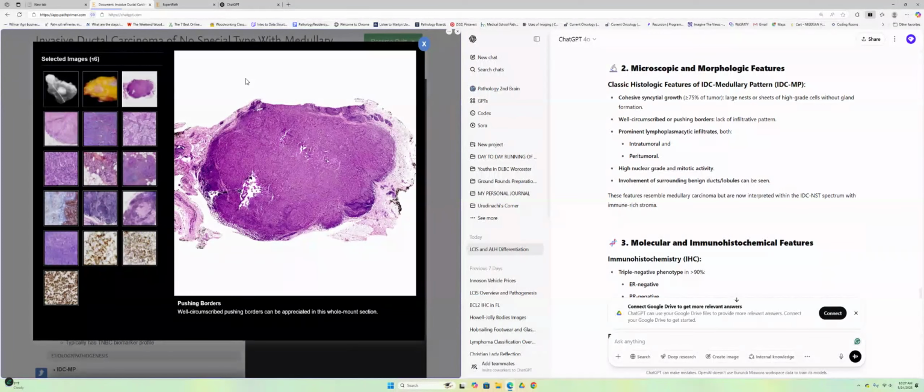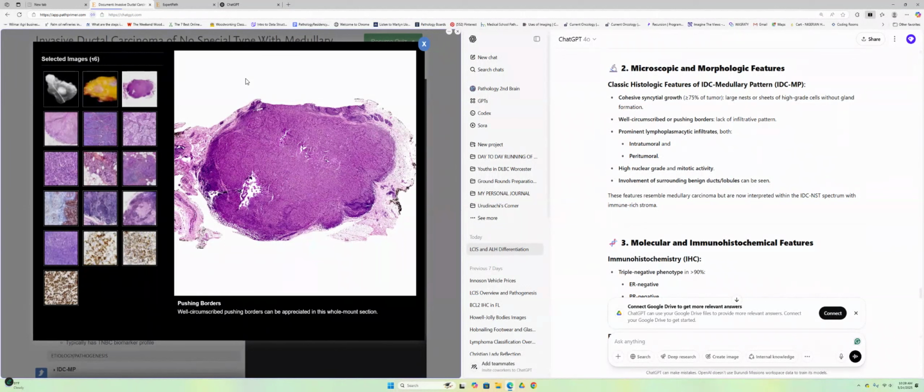The criteria are cohesive syncytial growth in greater than 75% of the atypical cells.